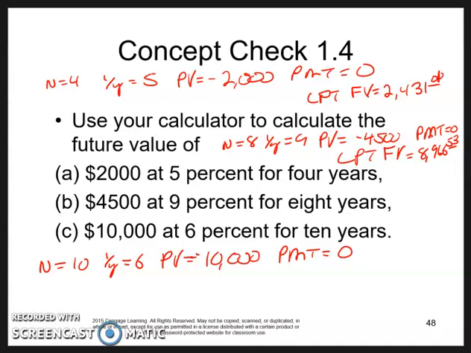What we try to do is use anything that's coming out of your pocket, whether that be a payment or a deposit, we enter that as a negative. Then compute future value. So that's 10 N, 6 IY, 10,000 PV, 0 payment, compute future value, and that's $17,908.48.